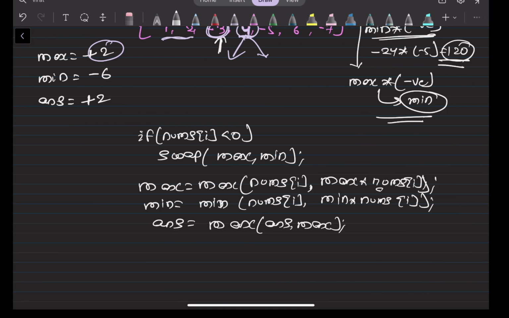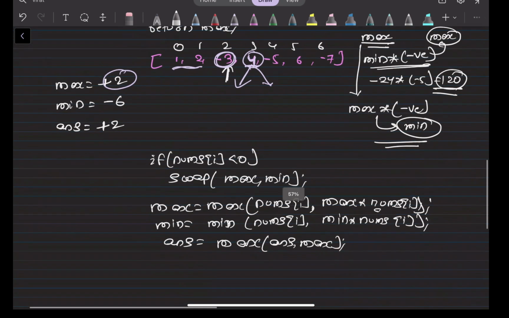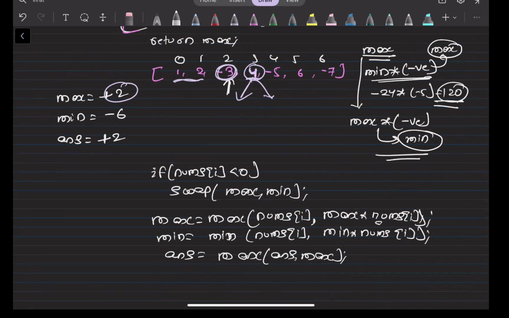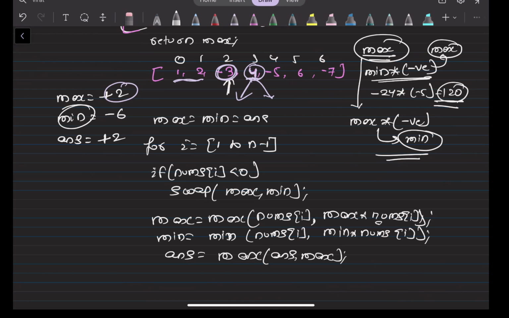So this is the third approach where we solve this problem by taking one maximum and maintaining a minimum also, and we repeat this for all the elements from i to n minus 1, because max is equal to min is equal to answer is equal to nums of 0.